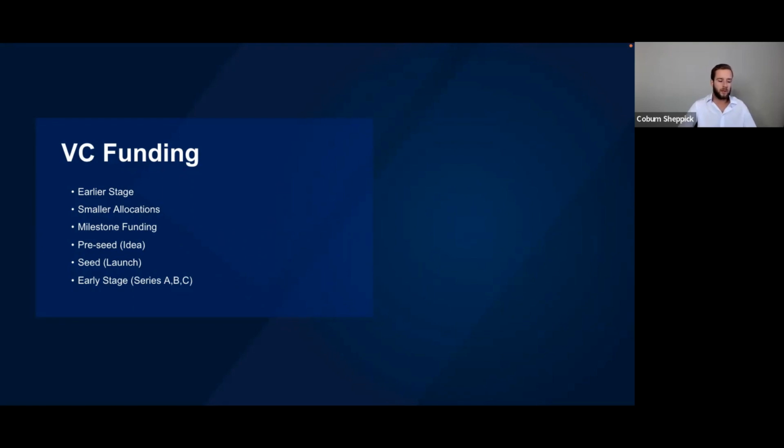So another term that I want to throw out there is accelerator programs. There's some big ones like Y Combinator, which is one of the largest accelerator programs. Big firms like Sequoia have invested in some of those companies, and really amazing startups have been founded within Y Combinator.